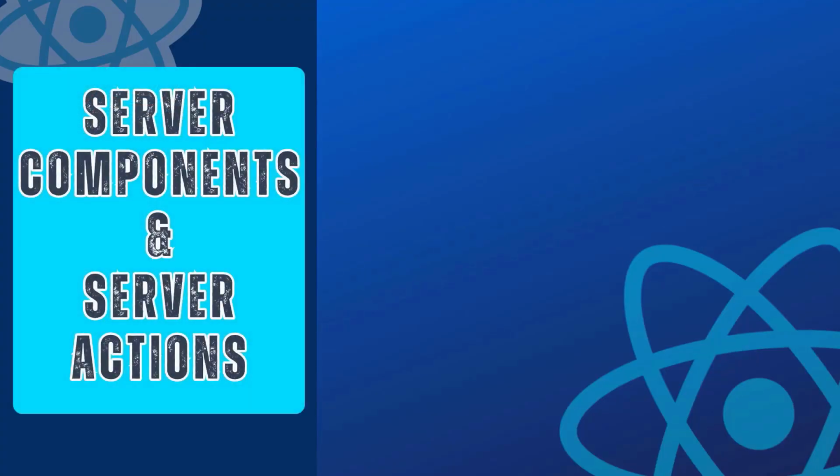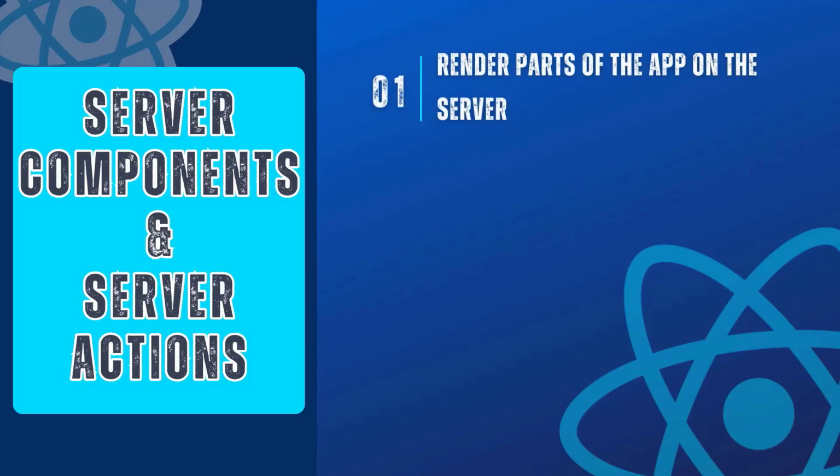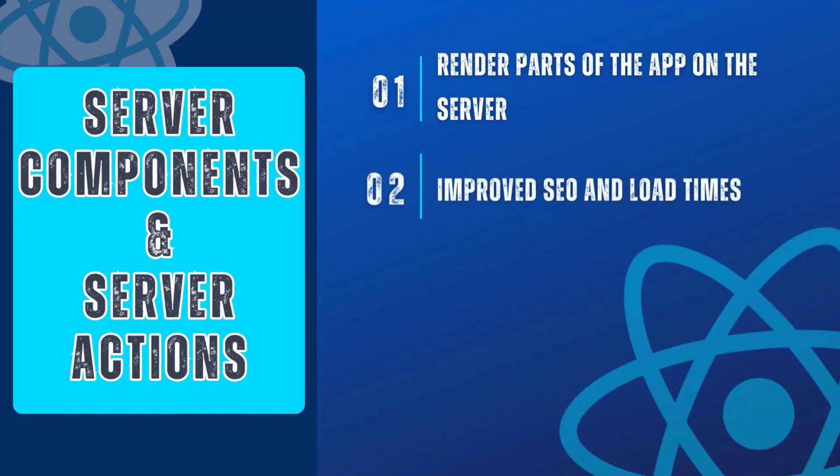Next, let's talk about server components and server actions. Server components allow certain parts of your app to be rendered on the server instead of the client. This can significantly improve load times and SEO. By rendering on the server, your application content is more accessible to search engines, leading to better SEO.